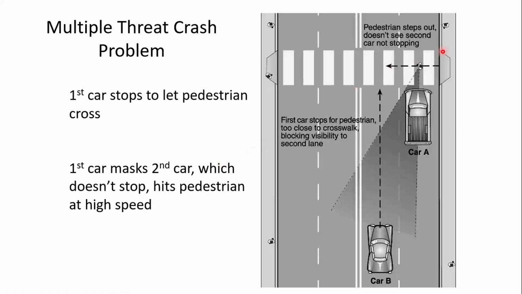But notice here's a crosswalk on a multi-lane road, a 4-lane roadway, and car A here sees the pedestrian and the driver stops, which is good driver behavior.